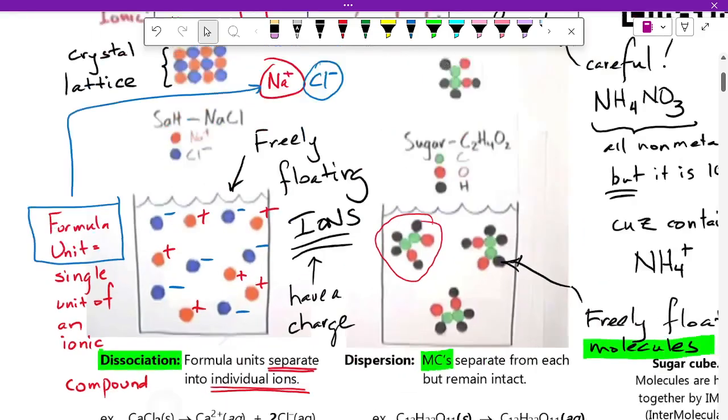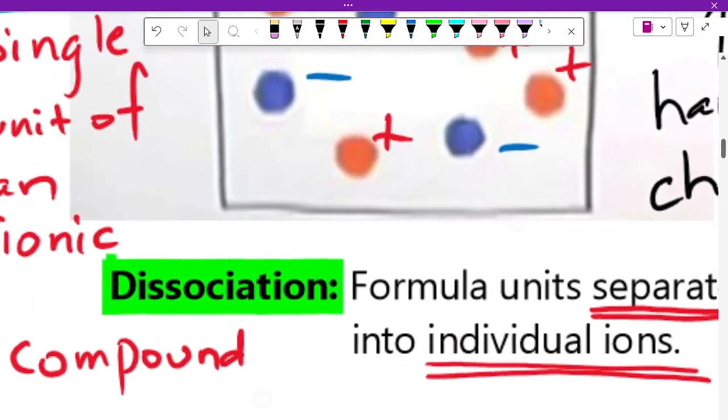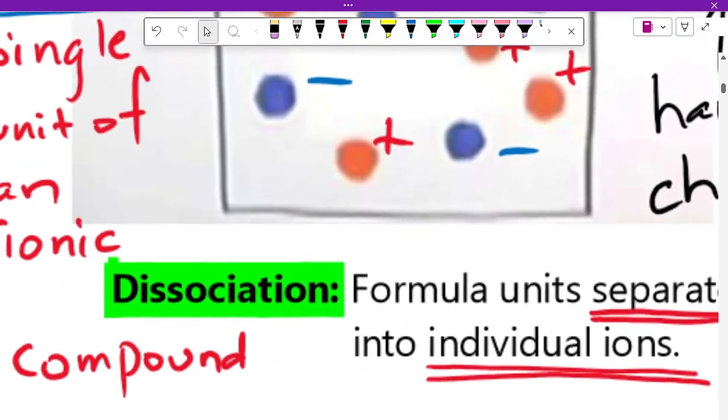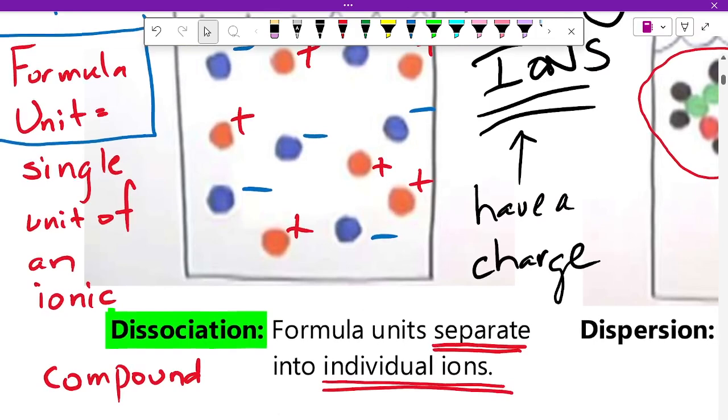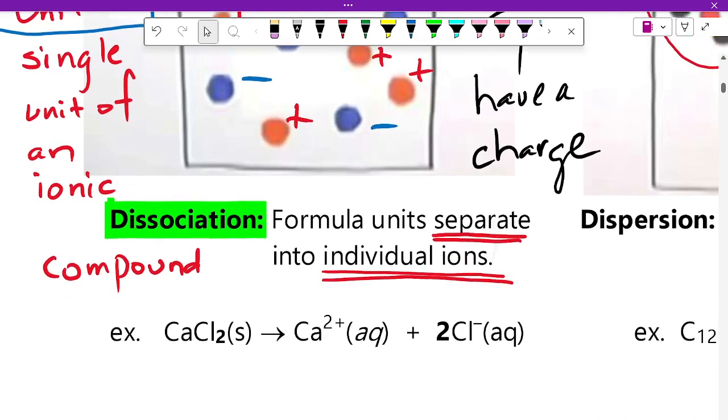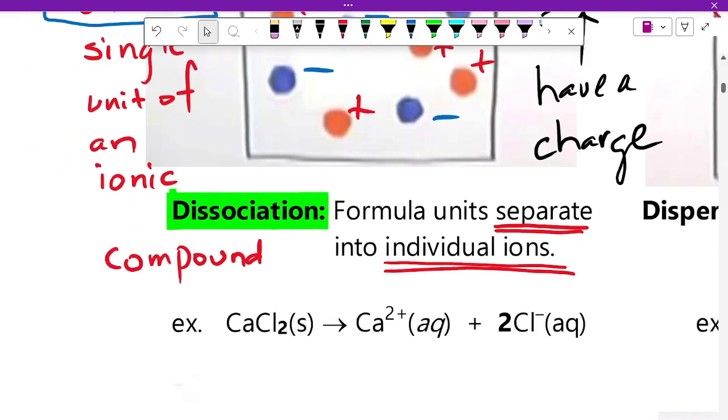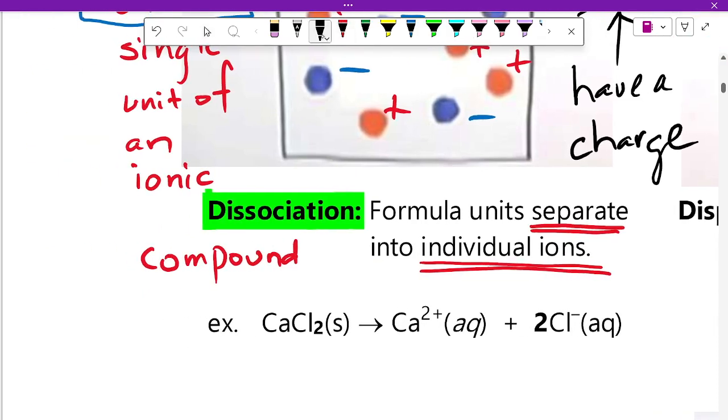Okay. So we can write the dissociation. I would like you to say that word with me as well. Everyone, we're going to say it 1, 2, 3. Dissociation. Okay, dissociation is when the formula units split apart into individual ions, and we can write an equation for that. This is called a chemical equation.